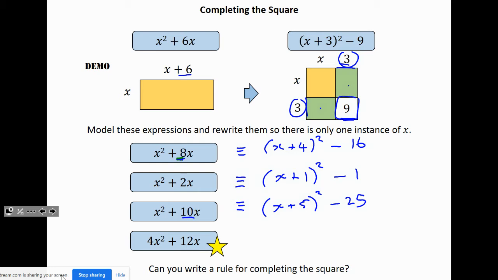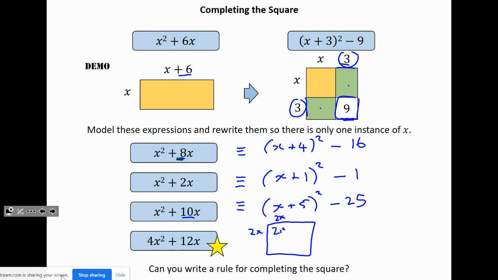4x squared plus 12x, that's an interesting one. If you were to draw the diagram for that, it makes sense to say we're going to have 2x here and here, but we don't want just the half of the x this time.